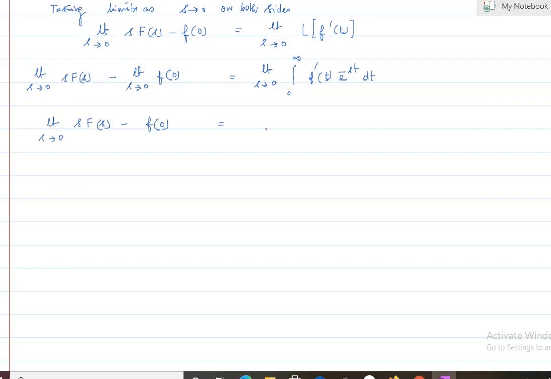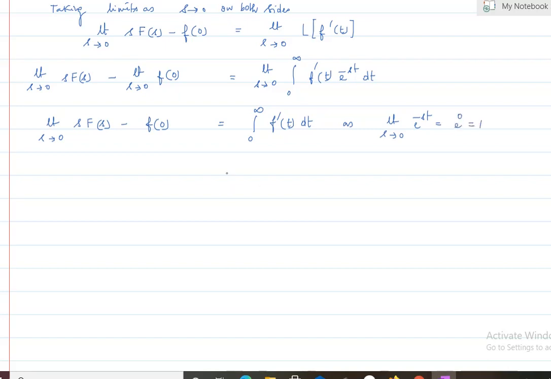And the right side, we get integral 0 to infinity f dash of t into dt, as limit s tends to 0 e power minus st is equal to e power 0, that is equal to 1.